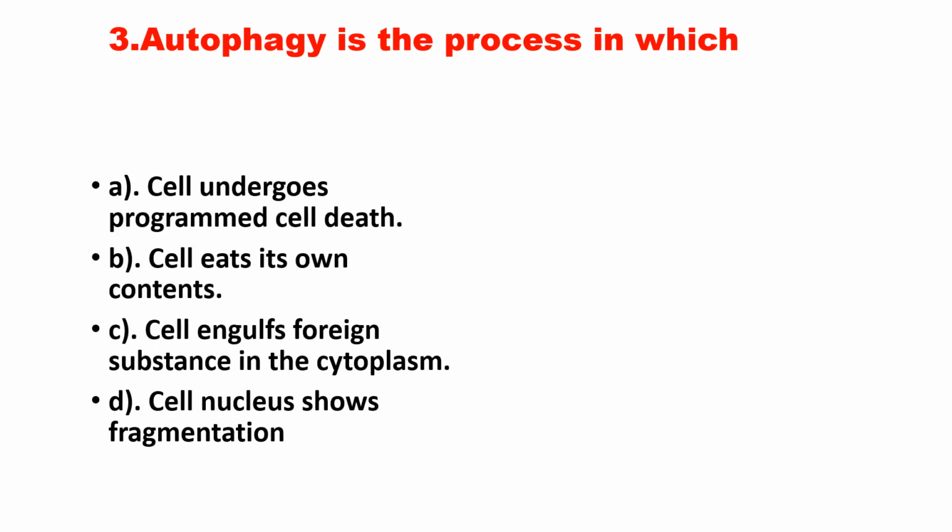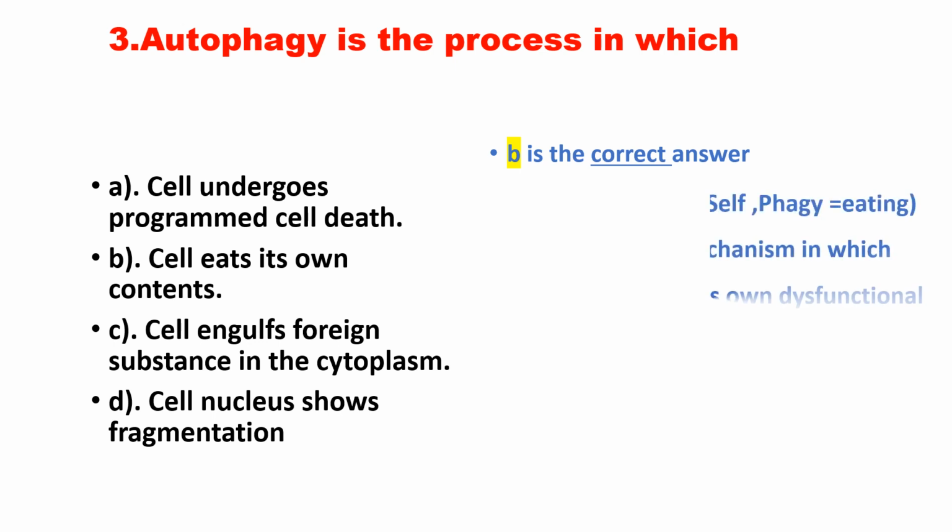Autophagy is the process in which the cell undergoes programmed cell death, the cell eats its own contents, the cell engulfs foreign substance in the cytoplasm, or the cell nucleus shows fragmentation. The correct answer is B. The cell eats its own contents, that is autophagy.